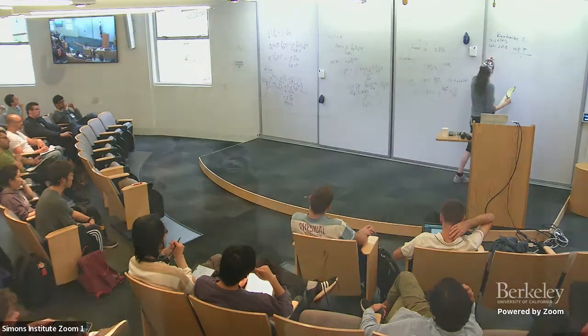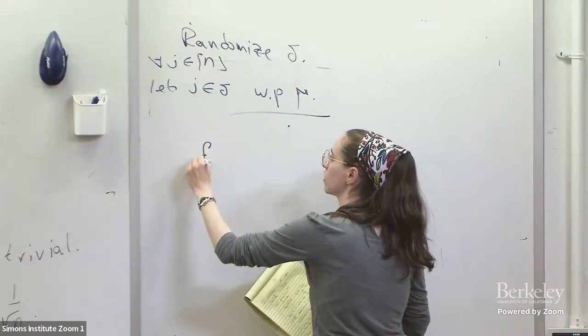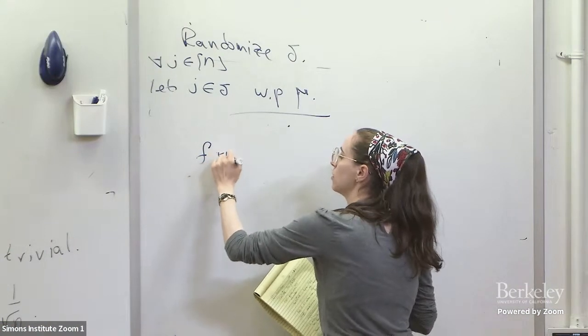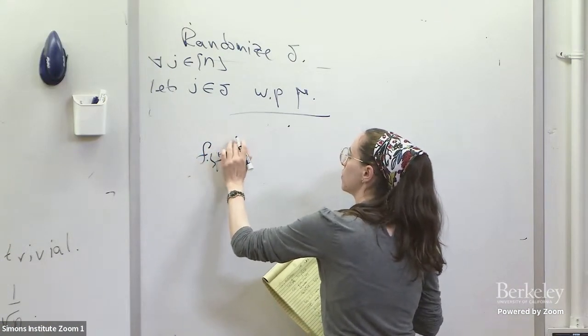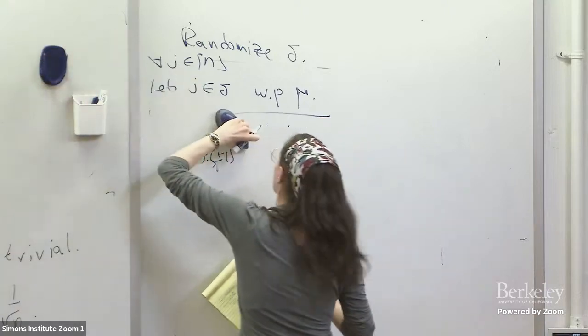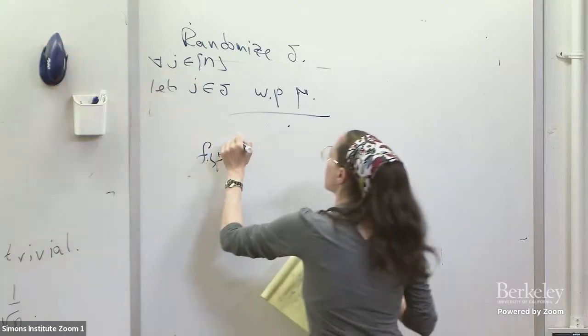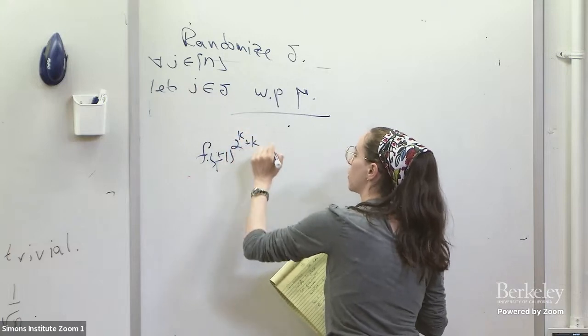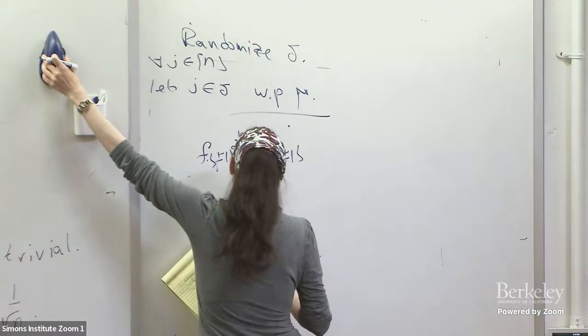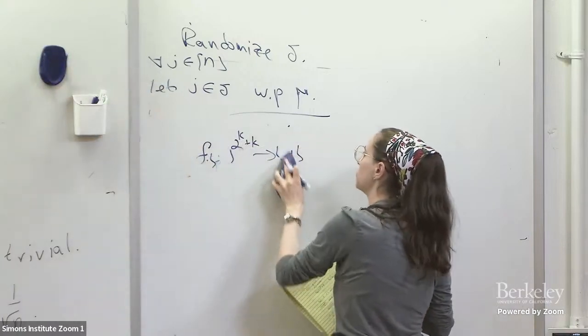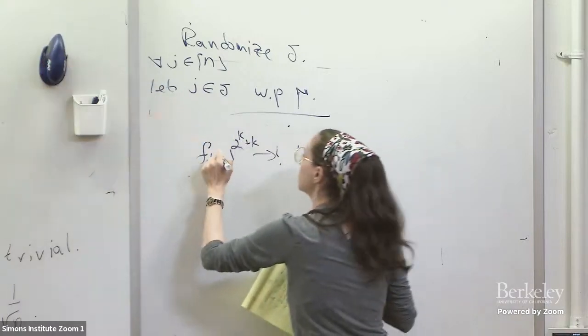So let's think about the address function. What is the address function? We have 2^k plus k variables. Let's think about 0, 1 now, just to confuse it a bit.